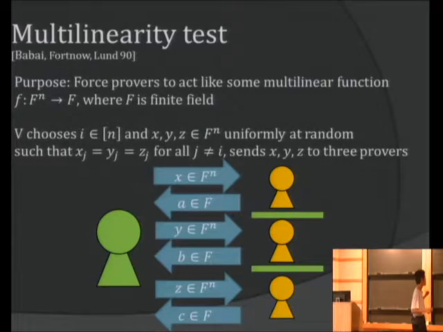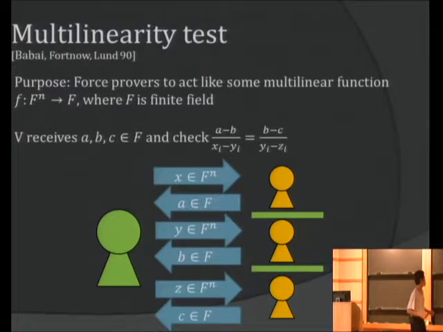And the test itself is simple. The verifier chooses one coordinate and 3 points from F to the n, so that all the coordinates except for the chosen one are the same for these 3 points. So they're on one axis-parallel line. And asks what the value is at each point.